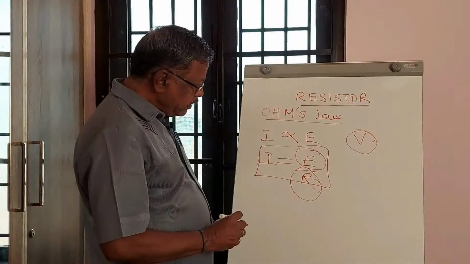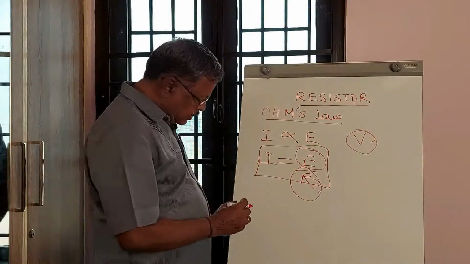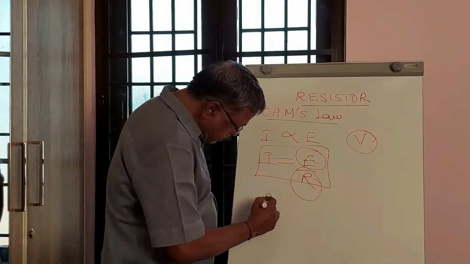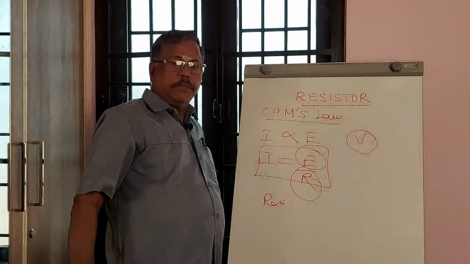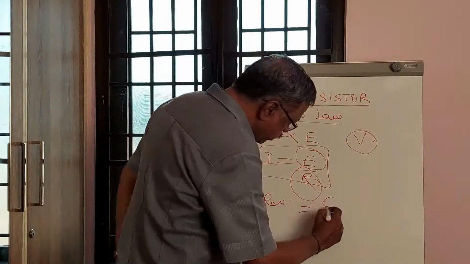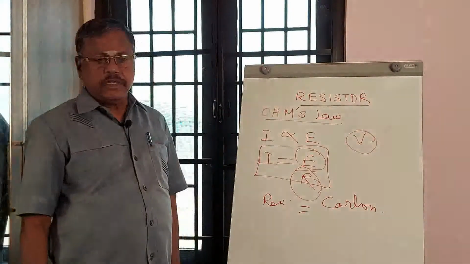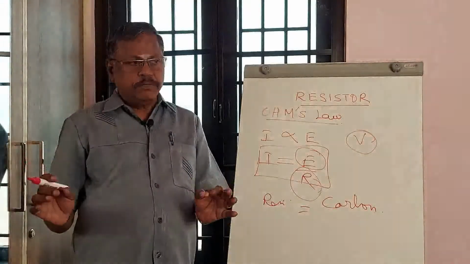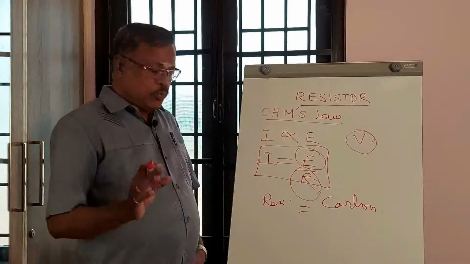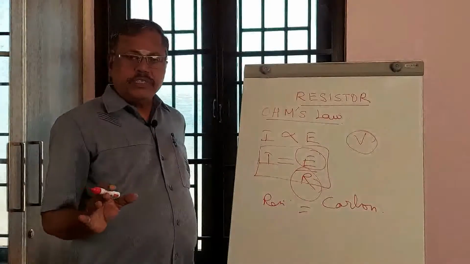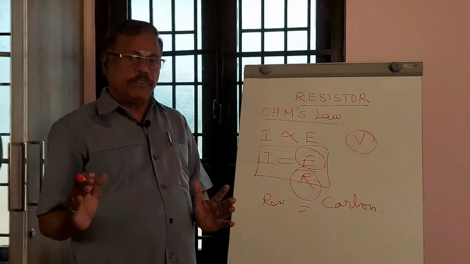There are a lot of resistors available, manufactured by many industries. The first one is called the carbon resistor. A resistor has to have two leads, and between the two leads, something should be there to limit the flow of electrons.